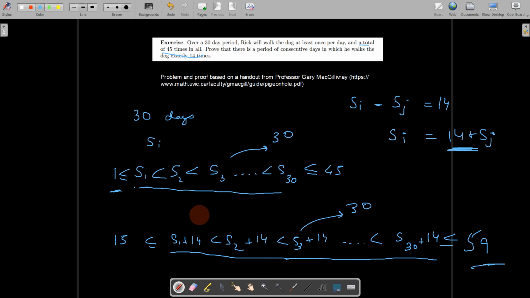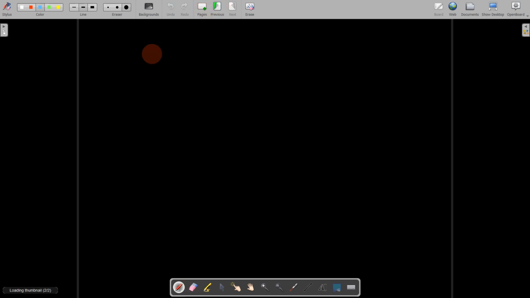I will write these values on another page.